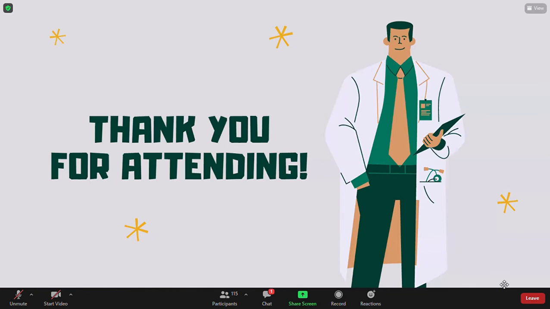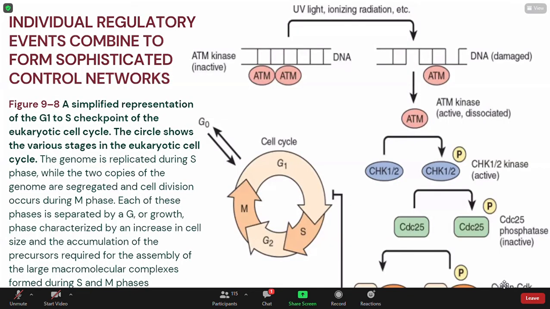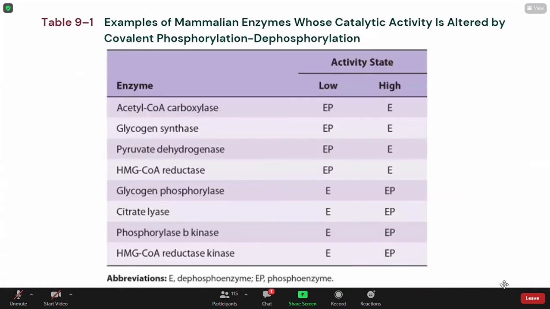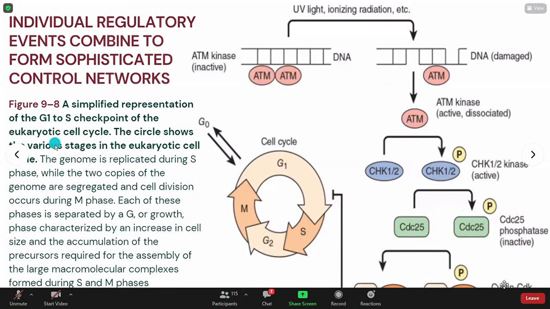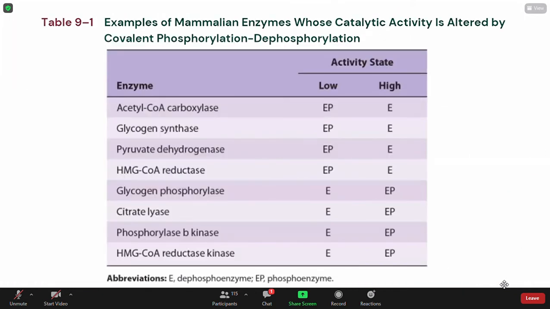So going back again, look at this. Now, enzymes can be controlled by phosphorylation. Some enzymes, when they are phosphorylated, become active.